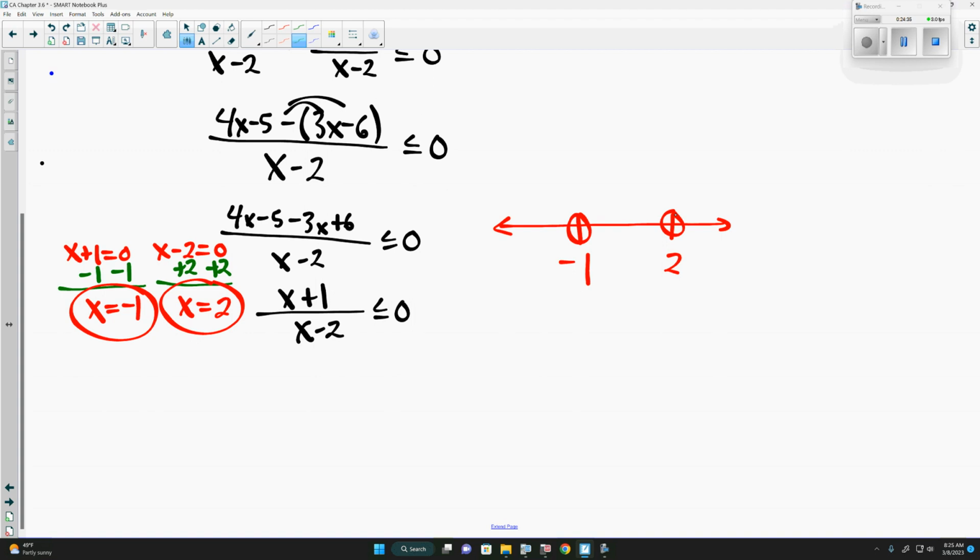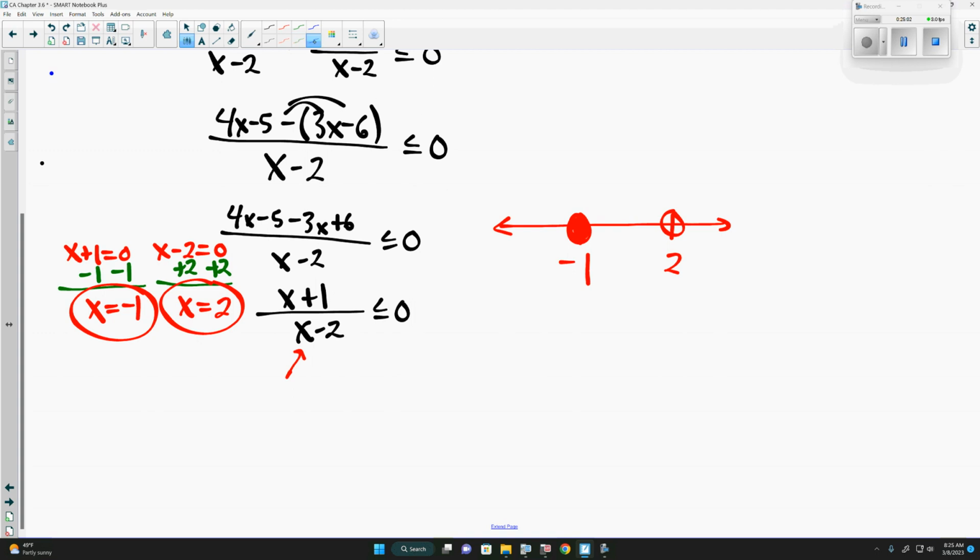Now for this function here, can we have this rational expression be 0? Yes, it says it is equal to. So at -1, we would fill that point in because it does work. But again, even though it is equal to, we don't fill in the 2 because the 2 would cause the denominator to be 0. We can't divide by 0.